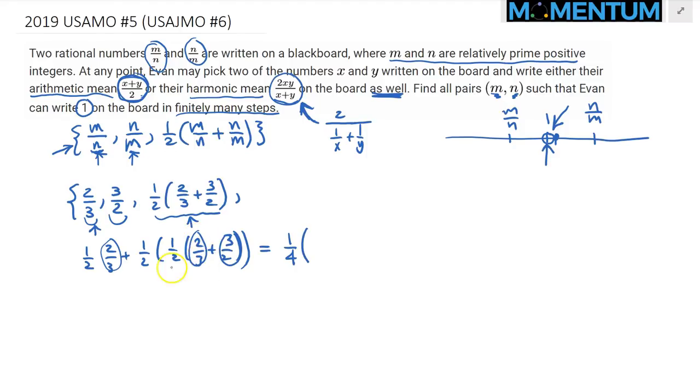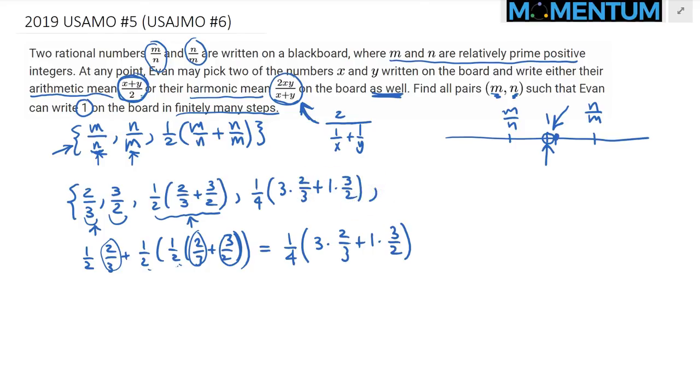In terms of 2/3, I have 1 here, and then 2 more, so that's 3 times 2/3, plus the 3/2 is only 1. Make sure you understand the algebra. So I can include this number into my list now: 1 over 4 times 3 times 2/3 plus 1 times 3/2.